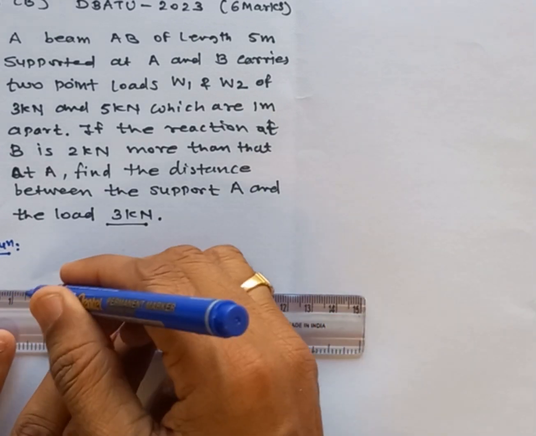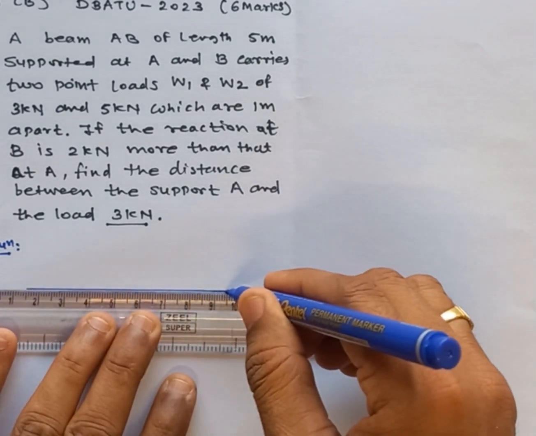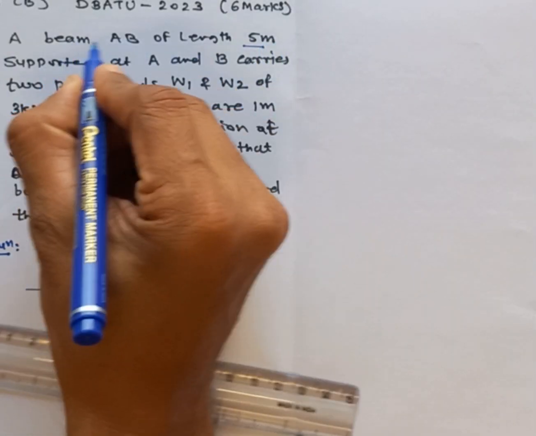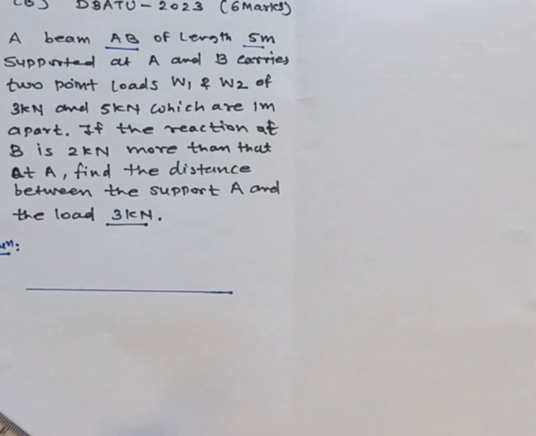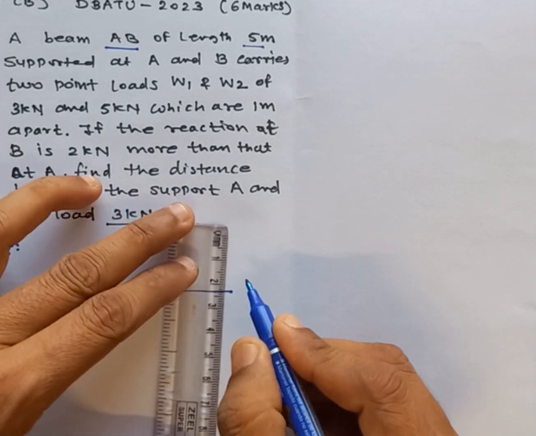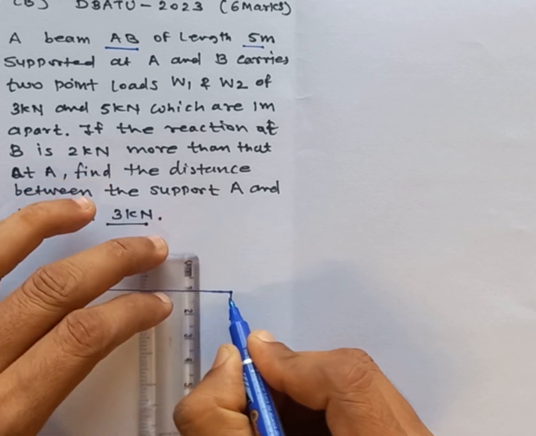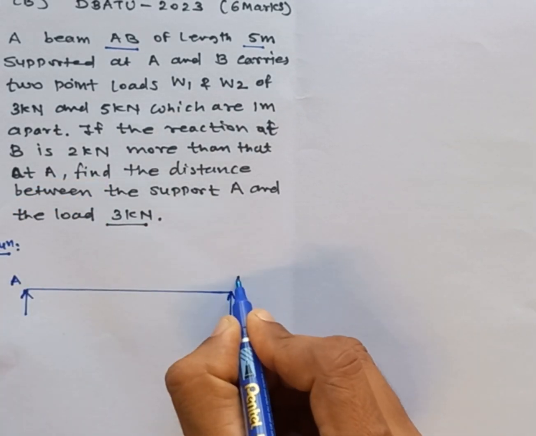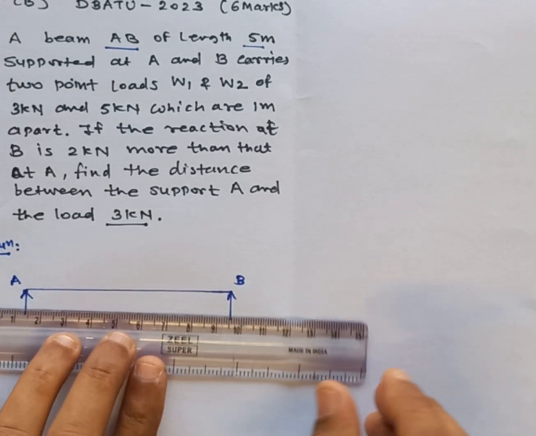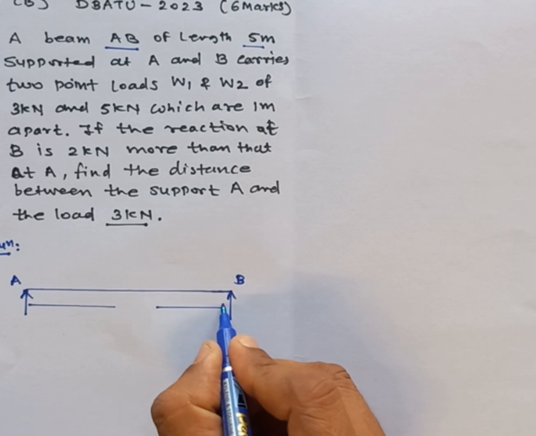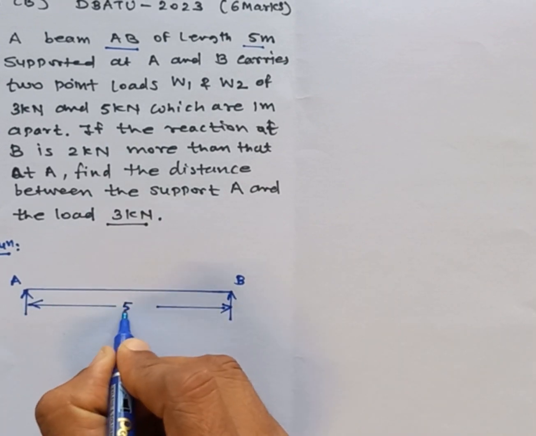You have to be very patient. A beam of 5 meter length is given and it is AB, so just name it. When it is mentioned that it is a beam, just draw a simply supported beam. Mention A, B, and show the 5 meter distance.